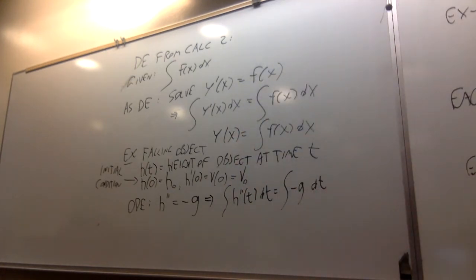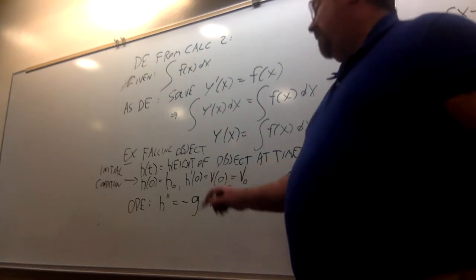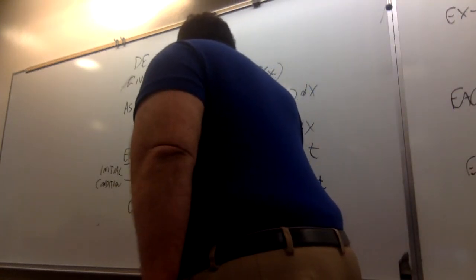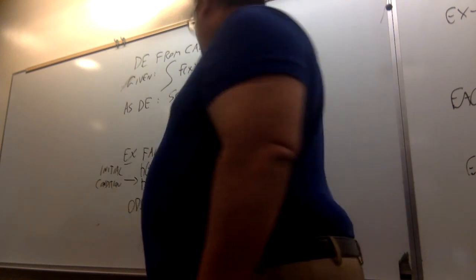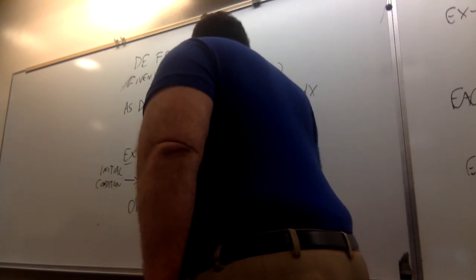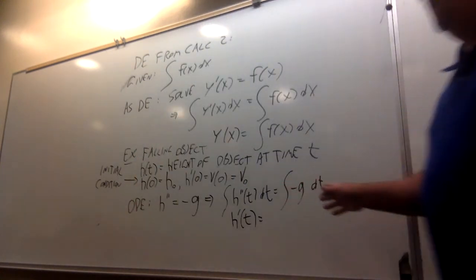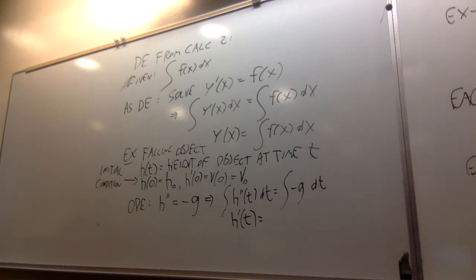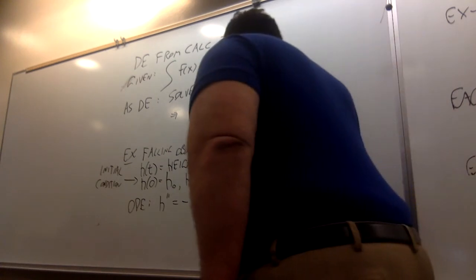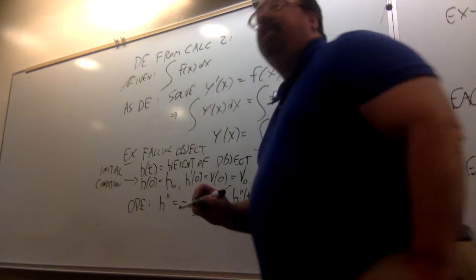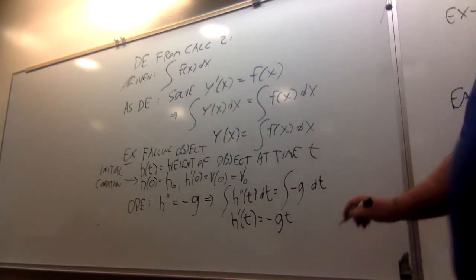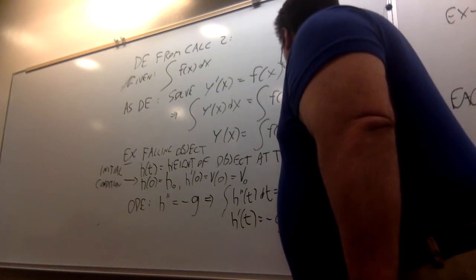Okay, so derivative and integral cancel out, but it's only going to cancel one of these derivatives. So at least in this case, it's correct for me to write the prime. So what's going to happen here when I integrate that? Yeah, so I get a minus gt, and we need a constant of integration.